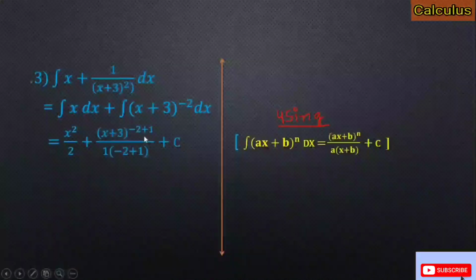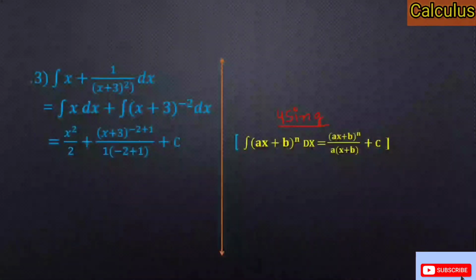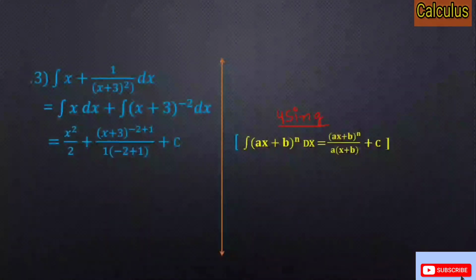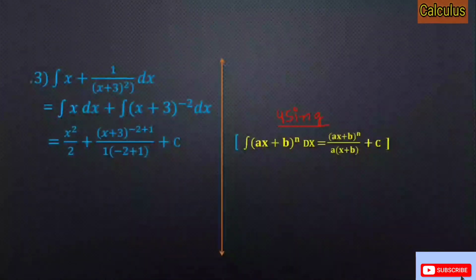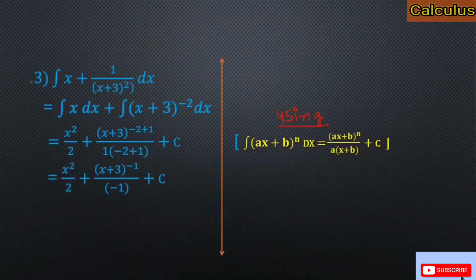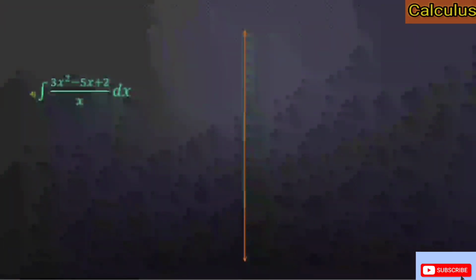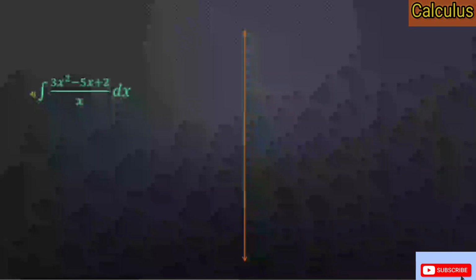And simply you can use this formula, integration of ax plus b to the power n equals ax plus b to the power n plus 1 by a times n plus 1. That you will get x square by 2 plus x plus 3 to the power minus 1 by minus 1 plus c, that is equals to x square by 2 minus 1 by x plus 3, where c is any constant, is the answer.